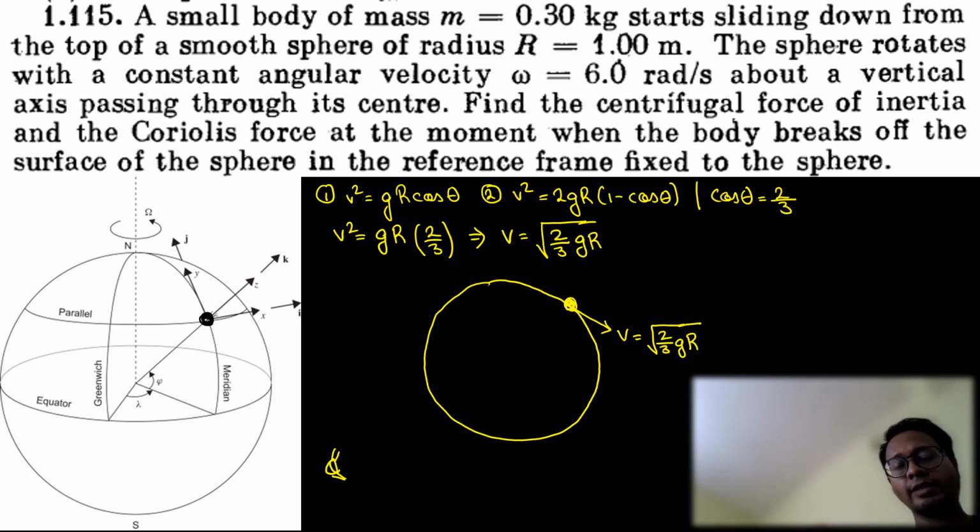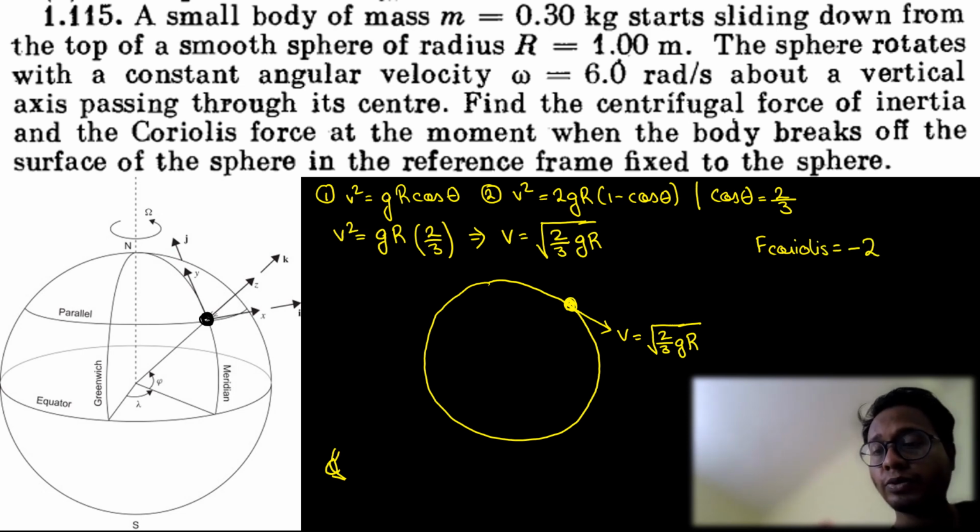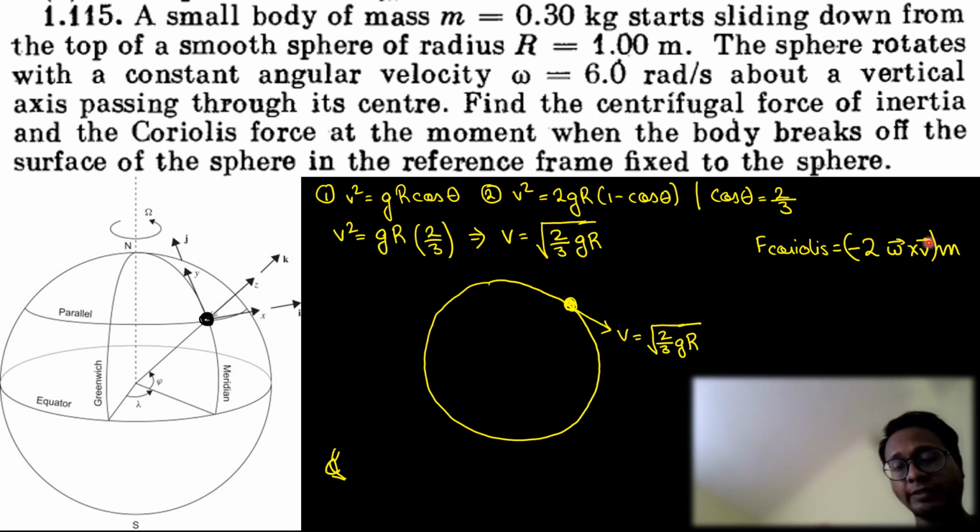Fair and fine. Now see, Coriolis force. What is my main objective out here? My main objective is to find out the Coriolis force. The formula for Coriolis force is minus 2 omega cross v into m. And this v out here is the velocity of the particle as seen by the frame of reference of the rotating sphere.